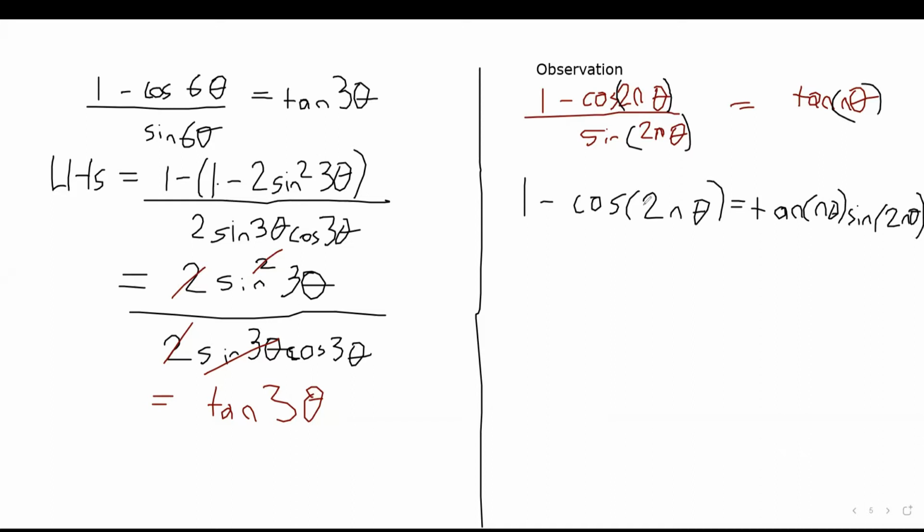Yes, sir. And so if we were to bring over the cos 2n theta, we'd end up getting 1 is equal to the cosine of 2n theta plus the tan of n theta times the sine of 2n theta.